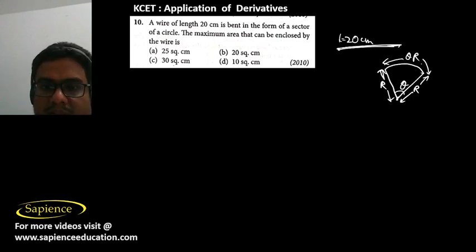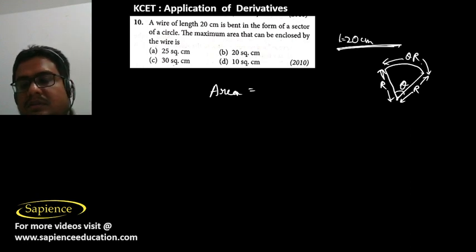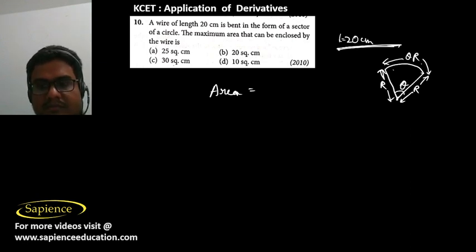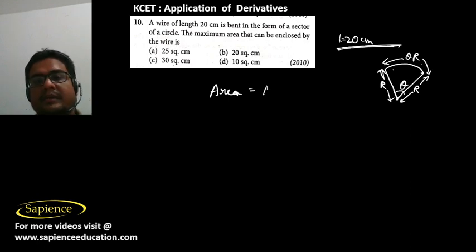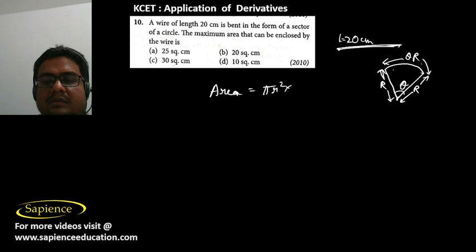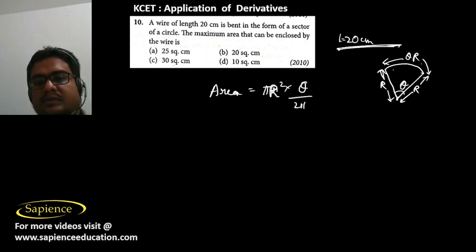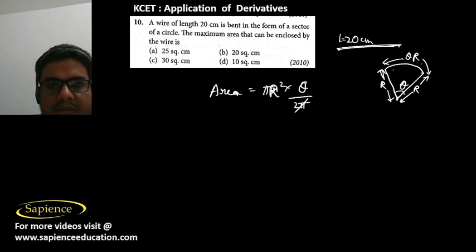This theta should be in radians. Area of this sector is equal to pi r square, and the arc length is equal to r theta.